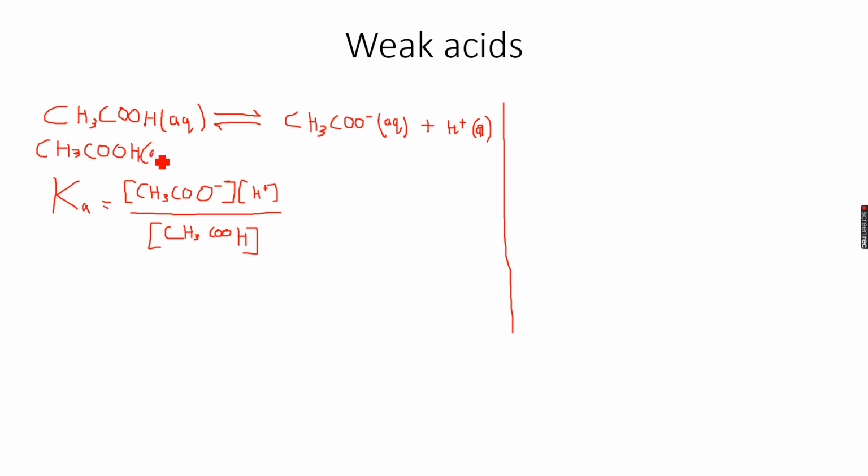The other one gives the same ethanoate ions, but instead of H plus we write H3O plus. The equations are actually the same, so don't worry about that. Both of them are correct.